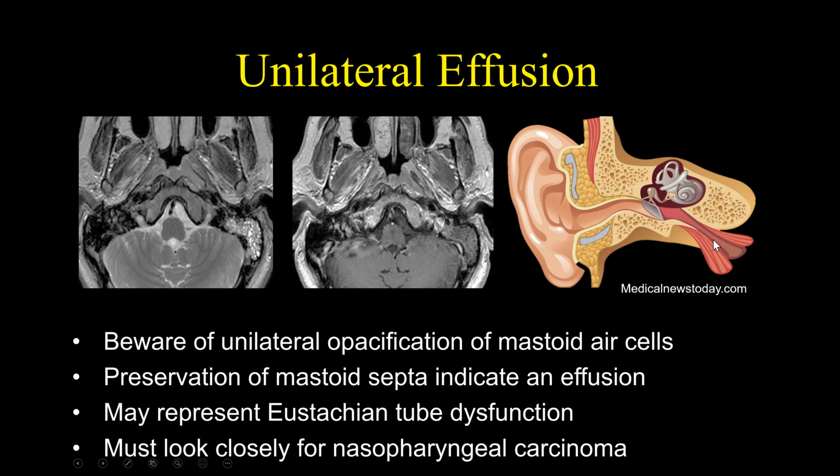So remember, the eustachian tube extends anteriorly and it's located just anterior to the torus tubarius. So the torus tubarius is here. This is the fossa of Rosenmuller, and the opening of the eustachian tube is going to be just anterior to this. So anytime that you have a unilateral effusion involving the mastoid air cells, please pay close attention to the fossa of Rosenmuller, because masses that involve the fossa of Rosenmuller can anteriorly displace the torus tubarius and occlude the eustachian tube.